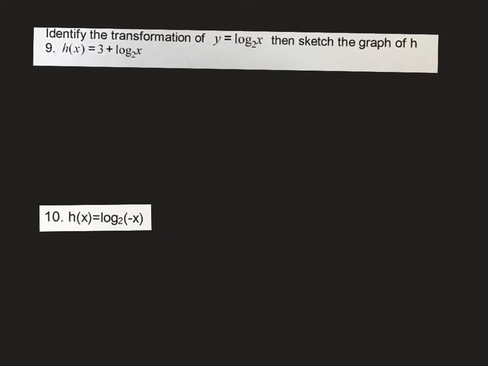So when we've got a 3 added, or any number really, added or subtracted to a logarithm that's not connected with that variable, it's going to move it up or down. So this is just going to move everything up 3 units.